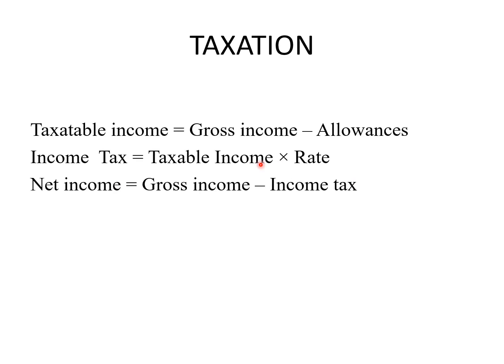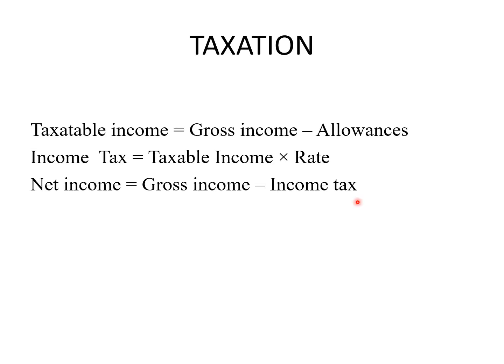Then we have also what we call net income, or take home, or net pay. In most cases, when workers are paid, what does not appear on their account is income tax. If at all you are also paying NSSF, that will not appear either. So whenever they ask us net income, it's gross income minus compulsory deductions. In most cases you may find they are only supposed to deduct the income tax.